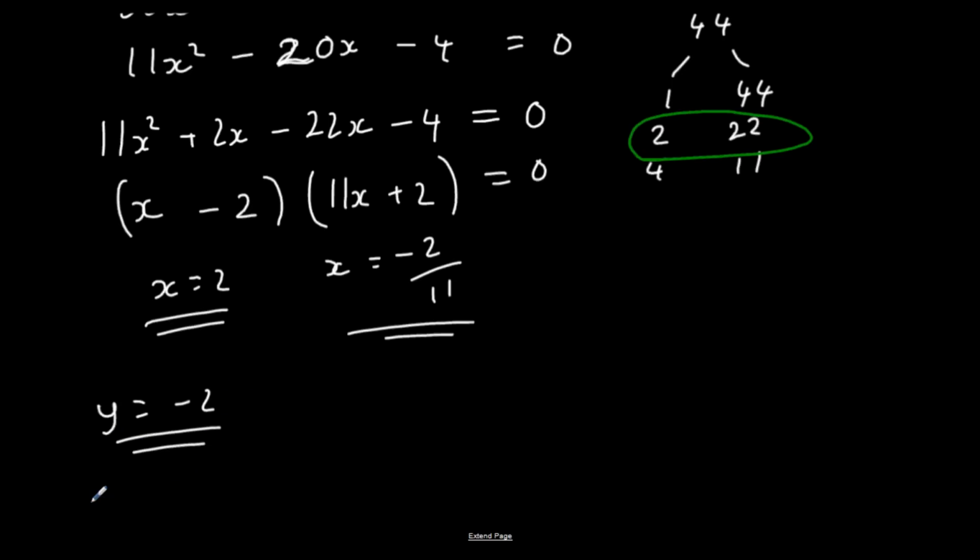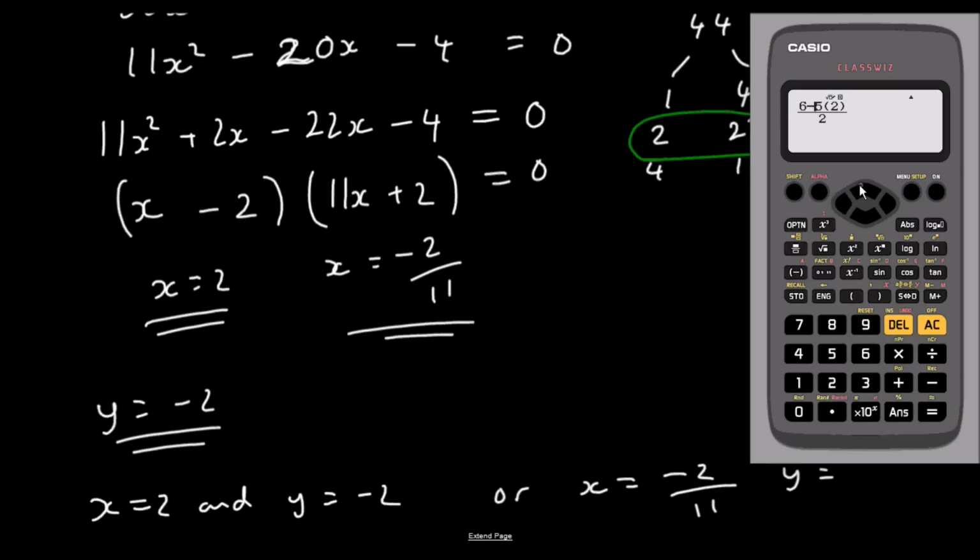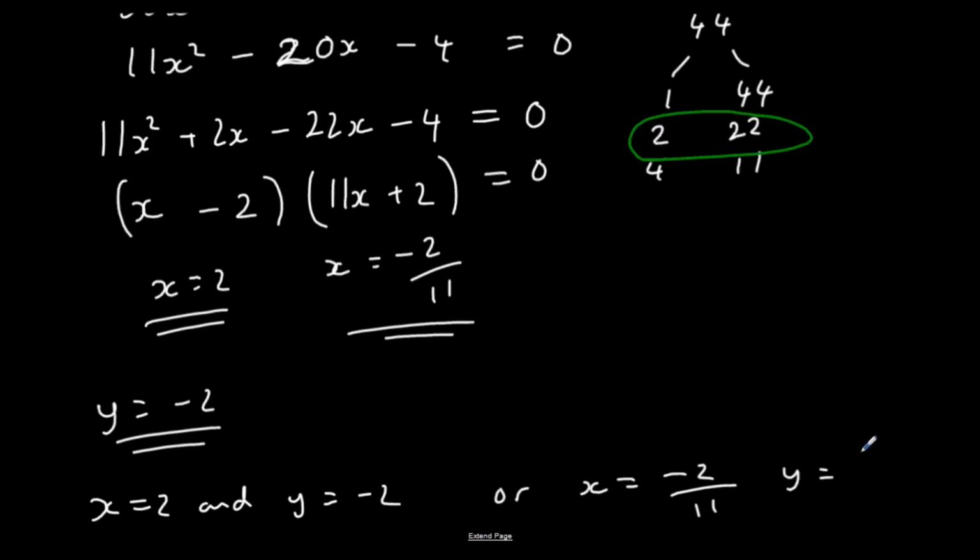So we've got x is 2 and y is negative 2, or x is minus 2 elevenths and y is 38 elevenths. So there are our answers.